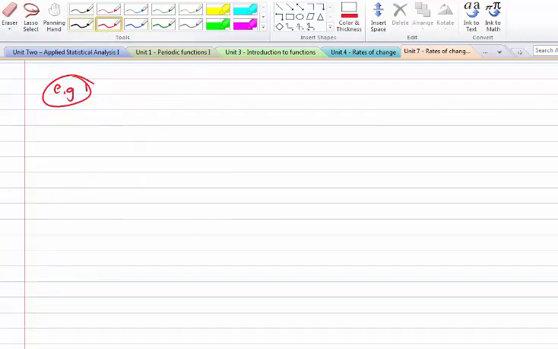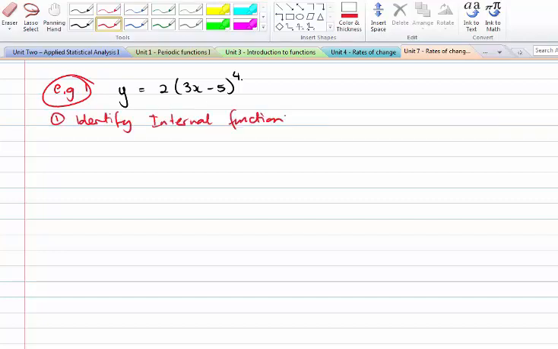Okay, the first example, we'll look at y is equal to (3x − 5) to the power of 4. Okay, so our first step is that we have to identify the internal function. And that internal function, we just let it equal u. So the internal function for us is always going to be that function that's within the brackets.